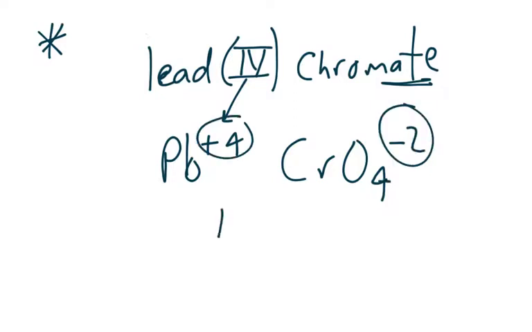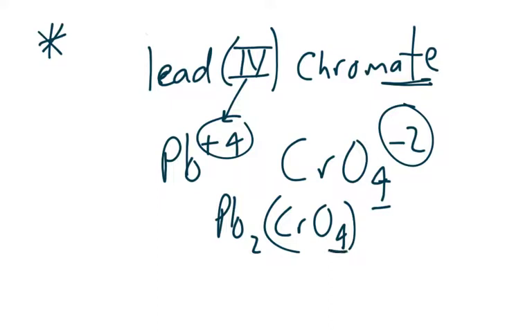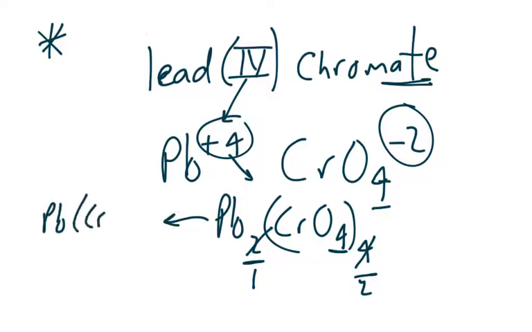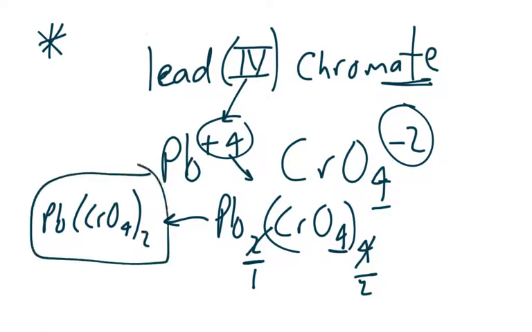Notice that when we crisscross, you get a 2 here, and this 4 is this one here, but the 1 over here goes outside. But notice that a 2 and a 4 is divisible by 2. We still need to reduce this. This will become a 1. This will get reduced to a 2. So you must reduce it to lowest terms, and you're going to end up getting this as your final answer after you reduce. So make sure you remember to do that.